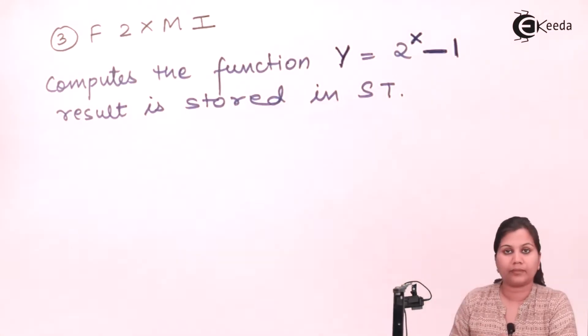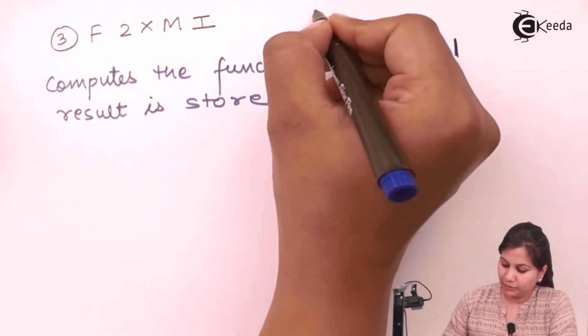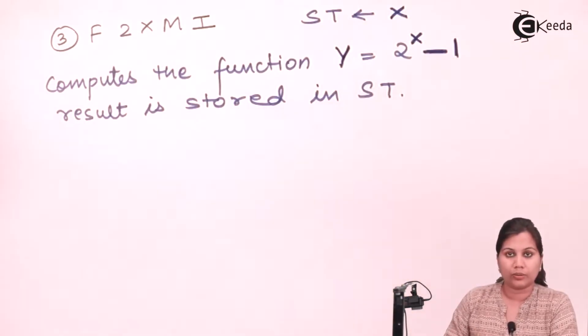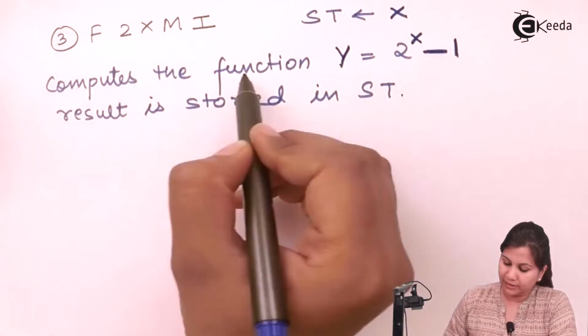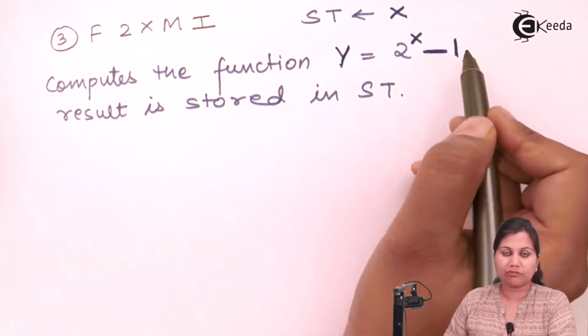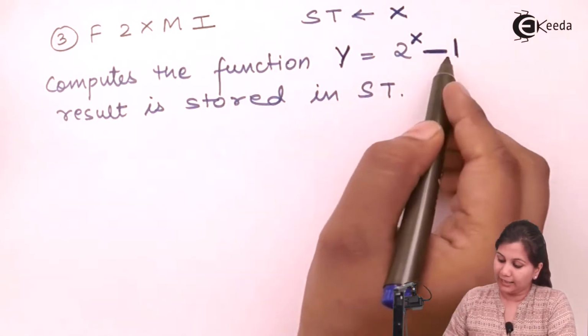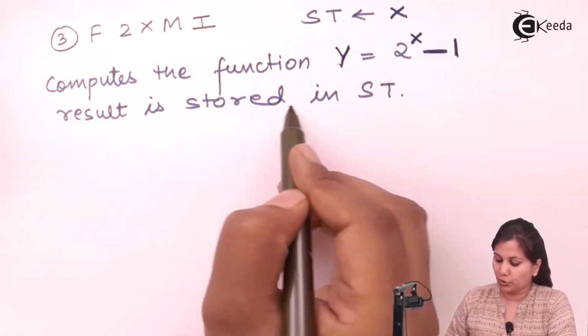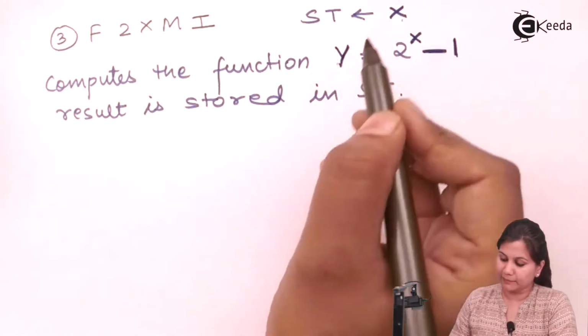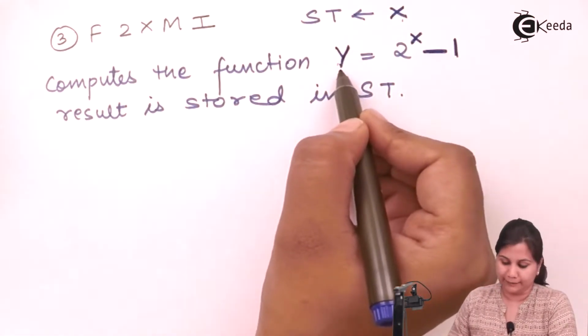ST. Now this x value that was earlier present at ST, the processor computes the function y equals 2 raised to the power x minus 1, and the result is stored in ST. So x is replaced by the function y.